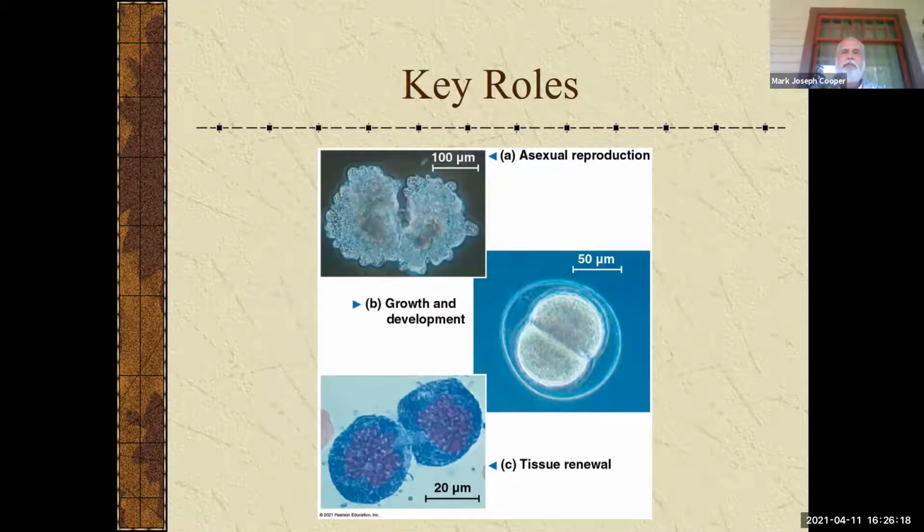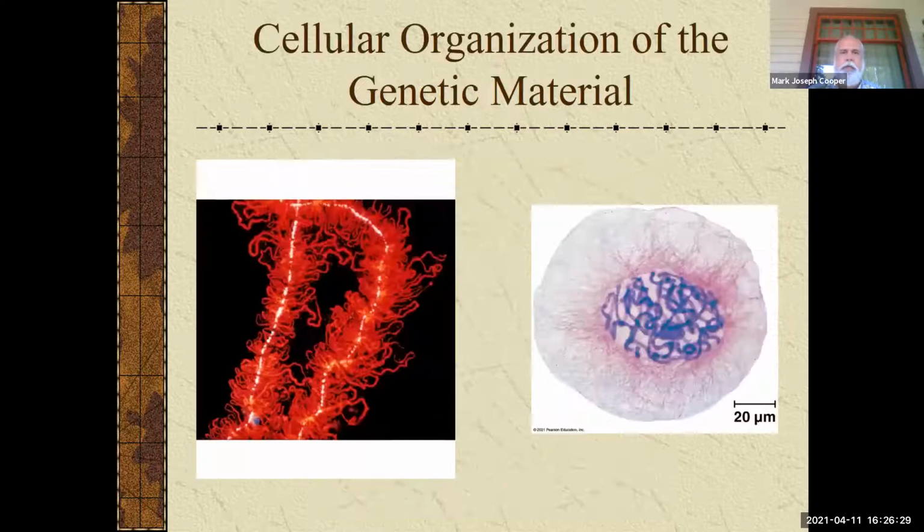So the key roles of mitosis are asexual reproduction, growth and development, and tissue renewal. So what we're trying to do is just make more cells, and that's pretty simple. And then we need to talk about cellular organization of the genetic material.